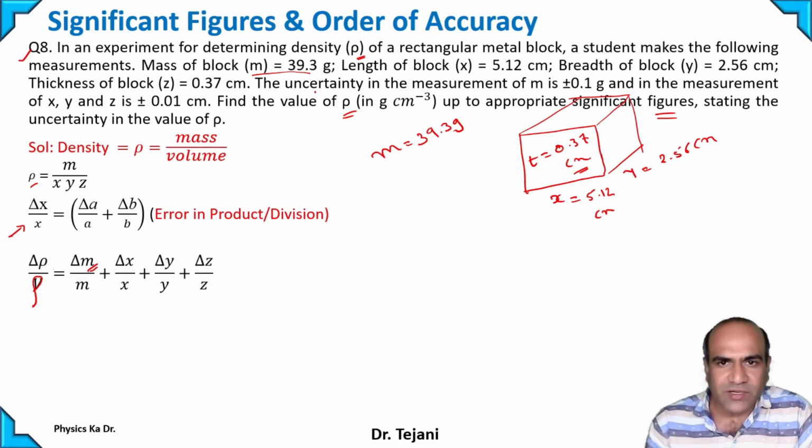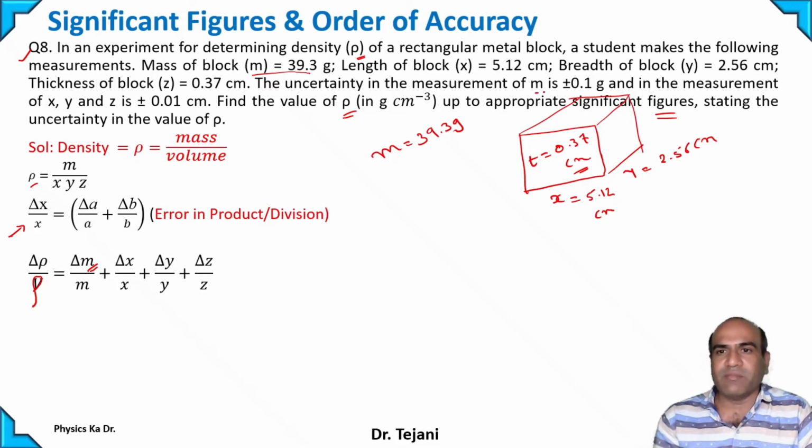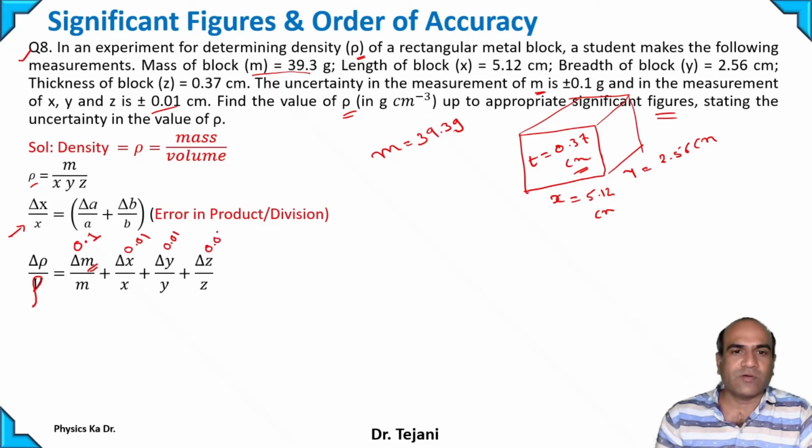Do we have the value of error? Yes, it is mentioned here: uncertainty in the measurement of mass is 0.1 gram, and in the measurement of x, y, z it is 0.01 each.